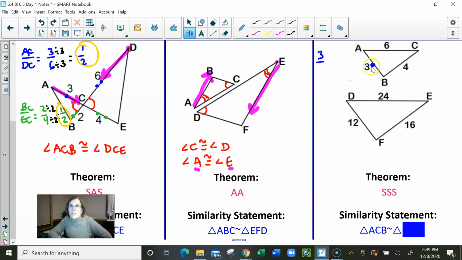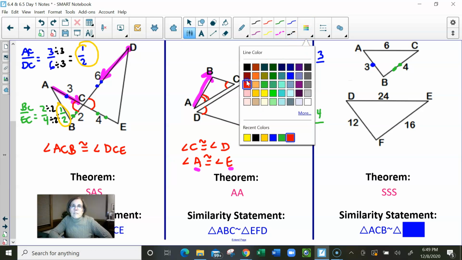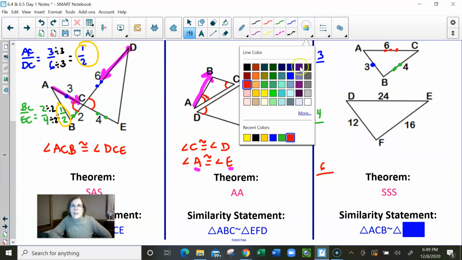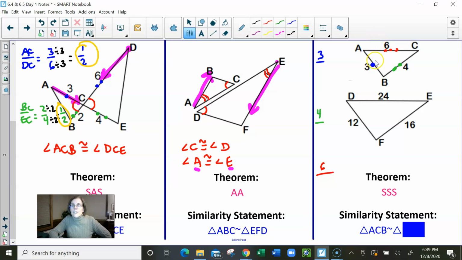I'm going to list these out in order. So 3 is my smallest side, my shortest side. 4 is my next shortest side. And 6 is my longest side. They need to correspond to each other so that my shortest side here needs to correspond to my shortest side here, which is 12.